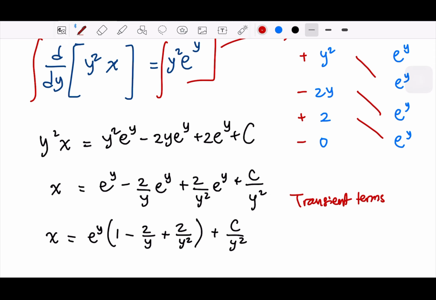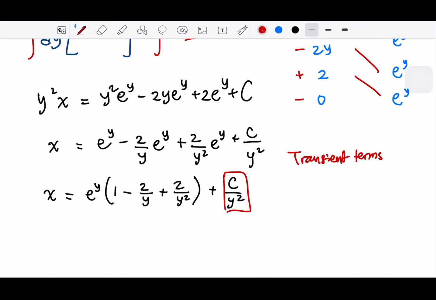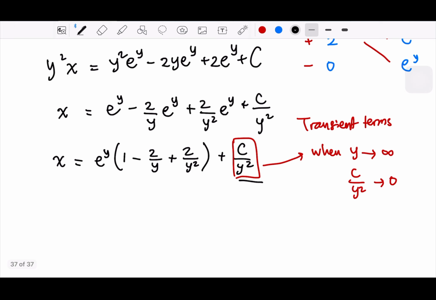In our case, if we look at this constant here, when y goes to infinity, the whole thing becomes 0. So we can say this becomes 0, and we call this the transient terms. Yeah, good call. I almost forgot.